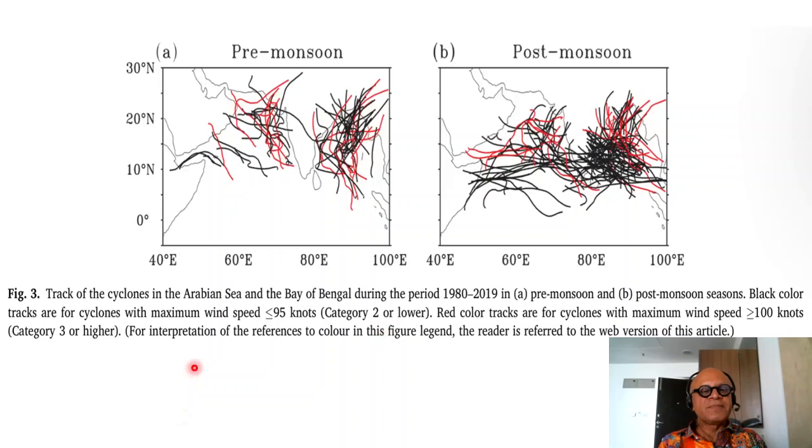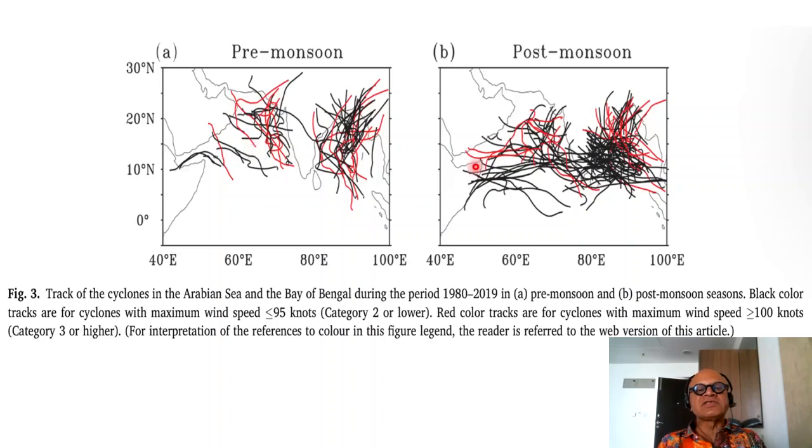life cycle. Okay, so this is just pre-monsoon and post-monsoon cyclones, tracks of the cyclones over 1980 to 2019. Pre-monsoon, post-monsoon. Black contours tracks are for cyclones with maximum wind speeds less than or equal to 95 knots, so category 2 or lower. Red colors are for cyclones with maximum wind speeds of greater than or equal to 100 knots, so category 3 and higher.